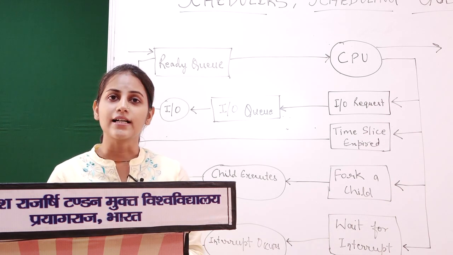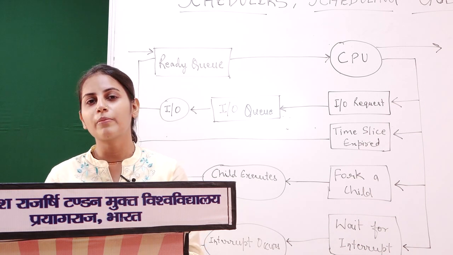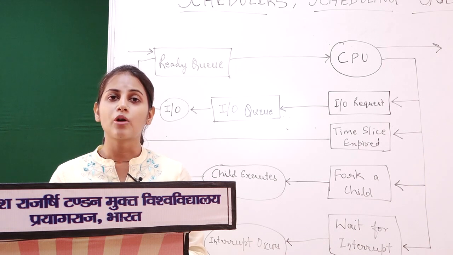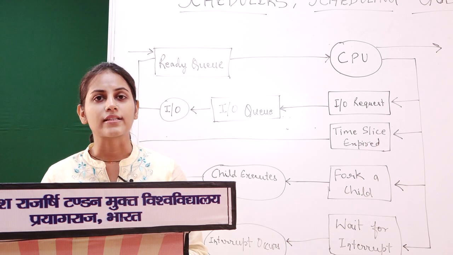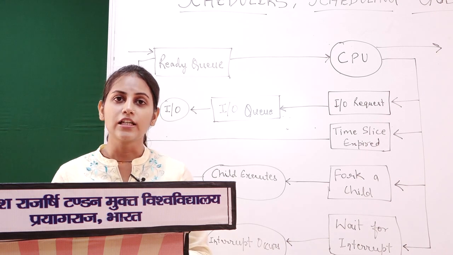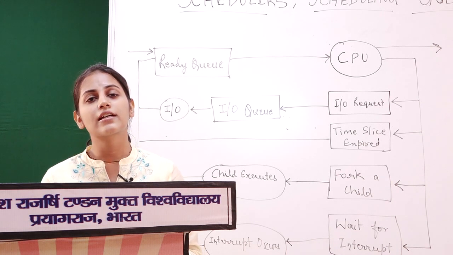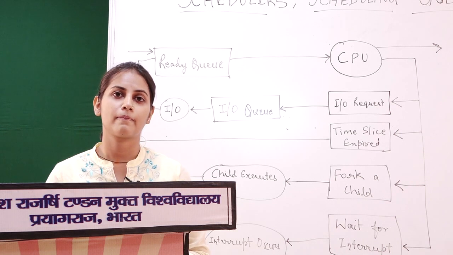We have already discussed that the process control block of a process contains all the information associated with a running process, and all the processes present in the ready queue have their process control blocks. In fact, the ready queue is a linked list which contains links to the process control blocks of all the processes present in the main memory.